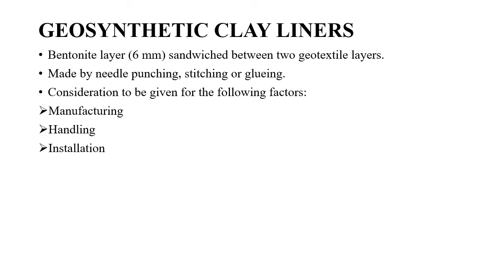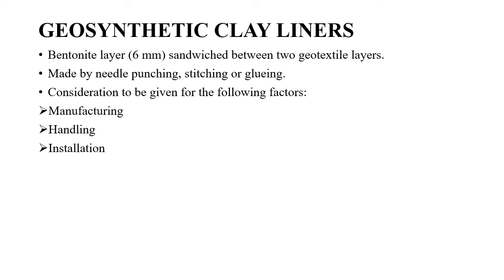Otherwise, there are chances of the GCL getting defective due to these handling processes. Quality assurance personnel should certify that the material has passed the conformance testing and it is acceptable, because once all this handling is complete, we have to check the material again for any defects before it is installed at site.